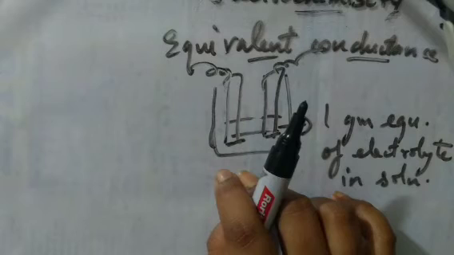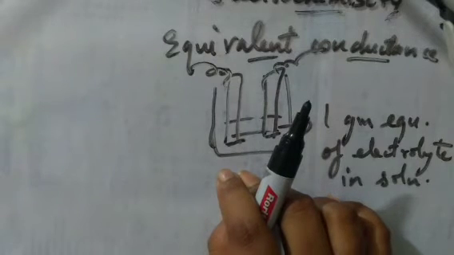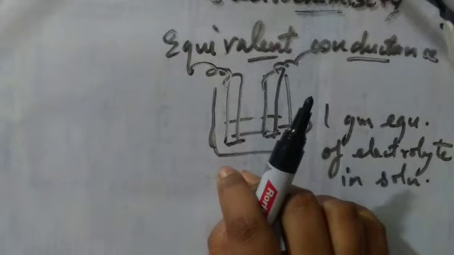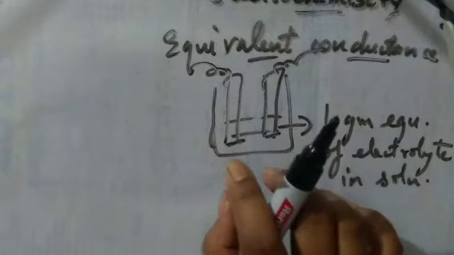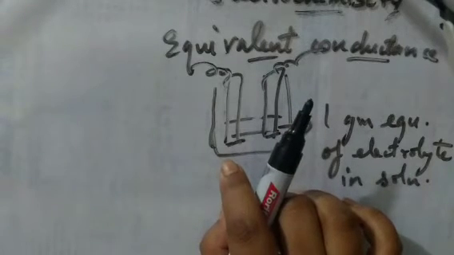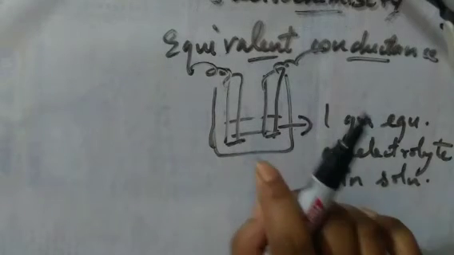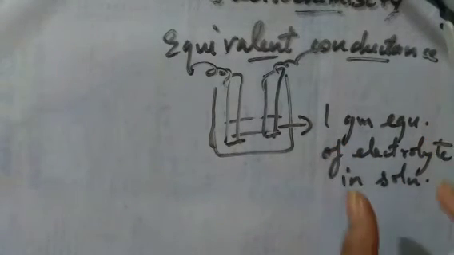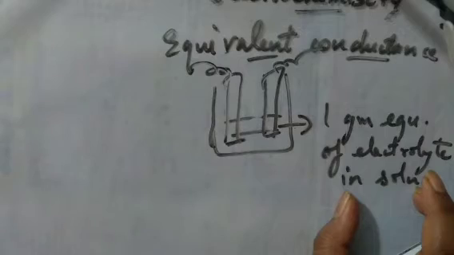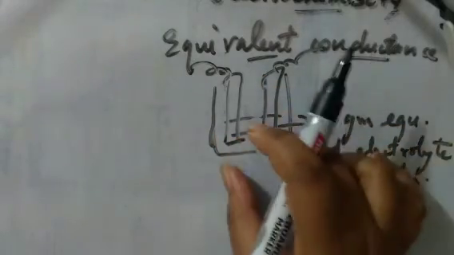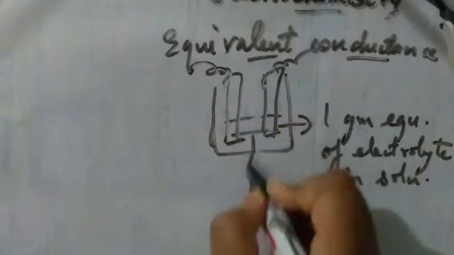So equivalent conductance is defined as the conducting power of all ions produced by 1 gram equivalent of electrolyte in the given solution. When 1 gram of electrolyte is dissolved in a solution, with electrodes kept 1 centimeter apart, ions will be produced.